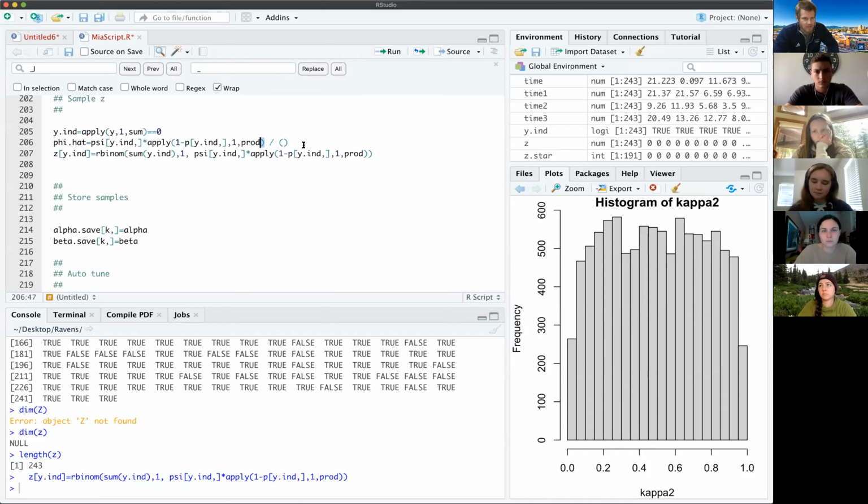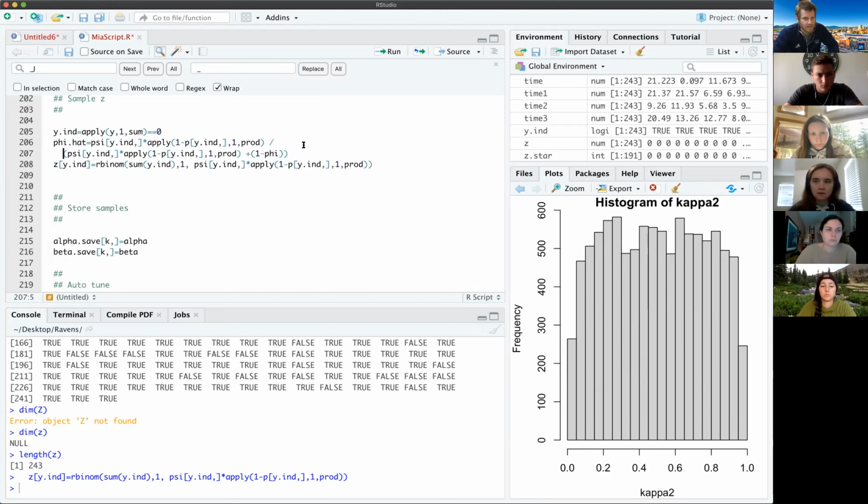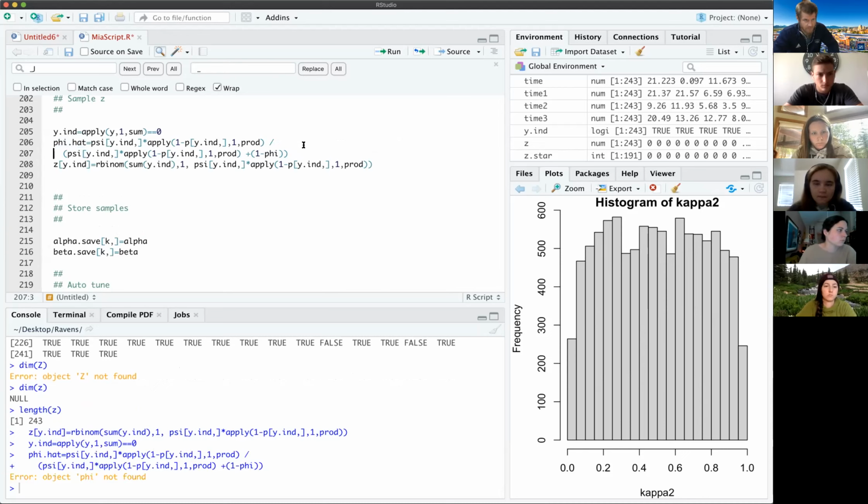So we have to include the first probability that z equals 1, but then also the probability that z equals 0, which is 1 minus phi. And that gives us our new probability of success for our conjugate distribution, psi.